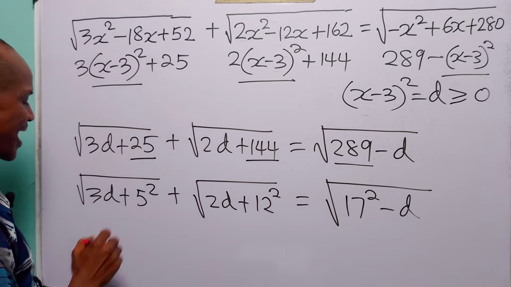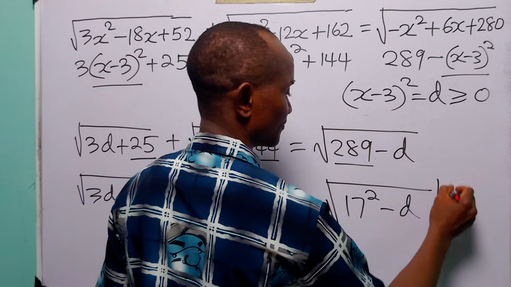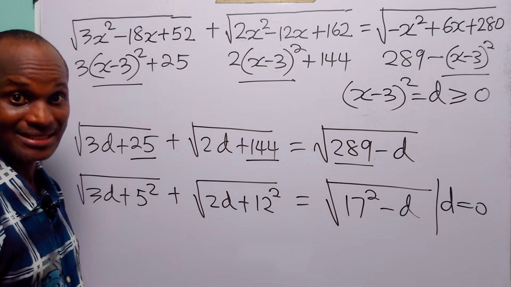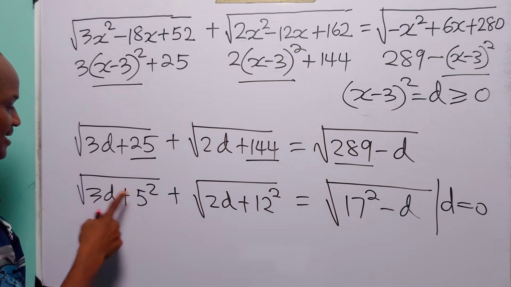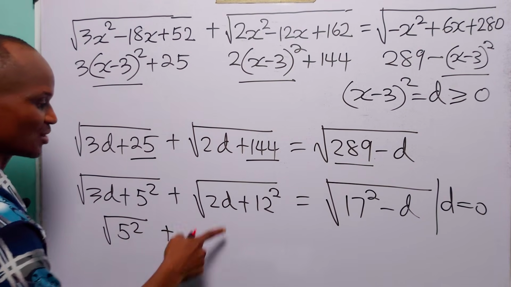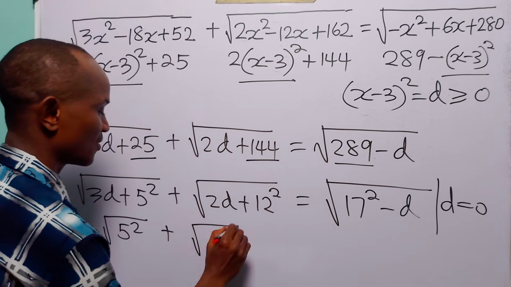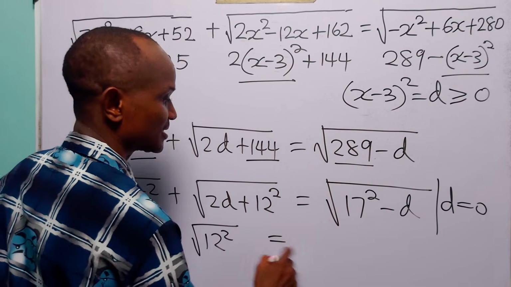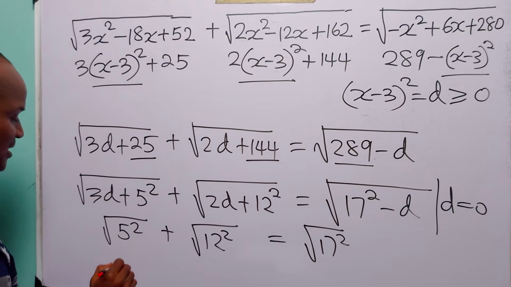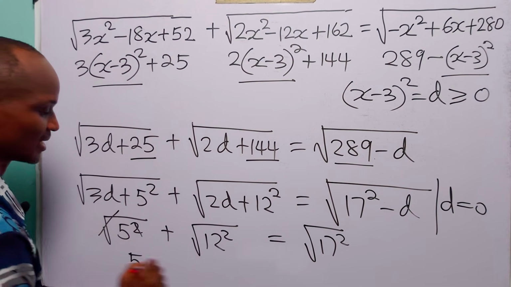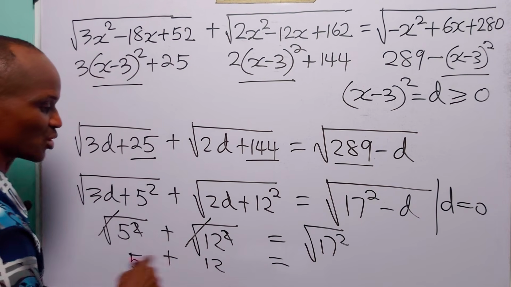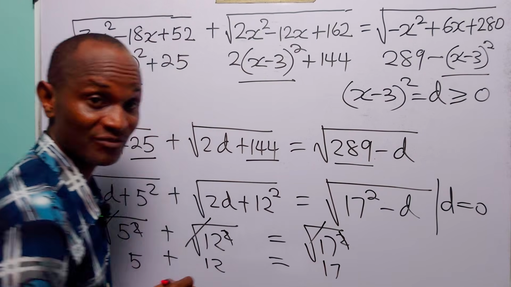So that means that when d is equal to 0, the left-hand side of this equation is equal to the right-hand side because we now have 0 plus 5 squared, which is 5, plus 0 plus 12 squared, which is 12, is equal to 17 squared minus 0. And of course, 5 plus 12 is equal to 17.